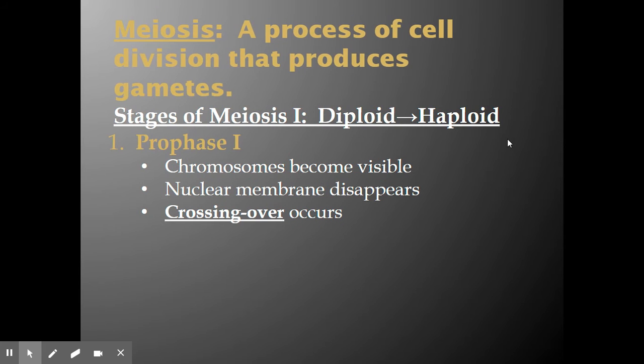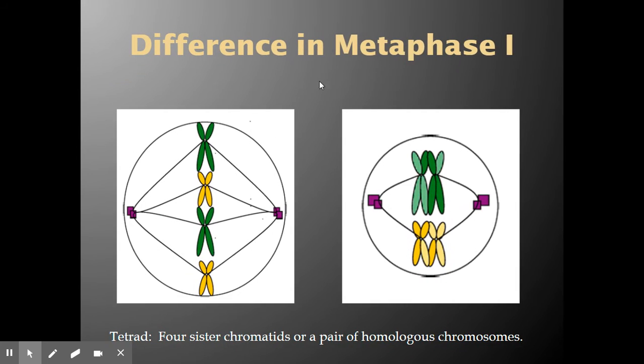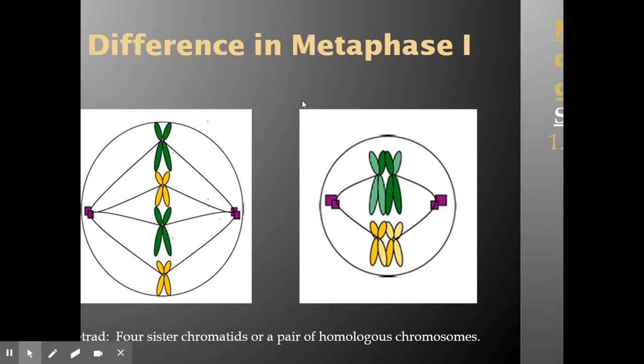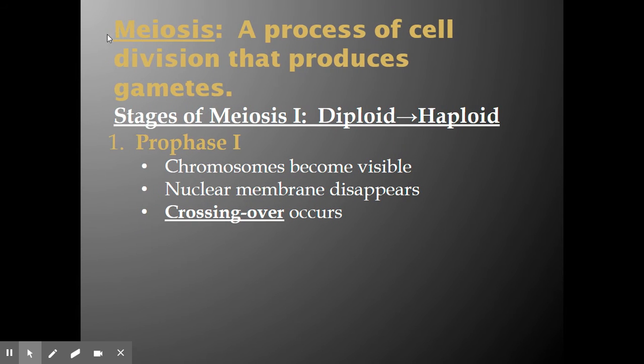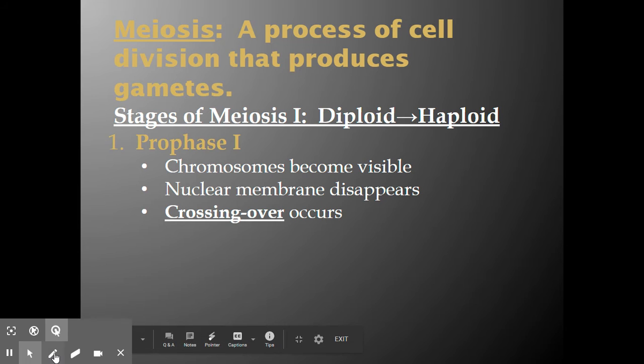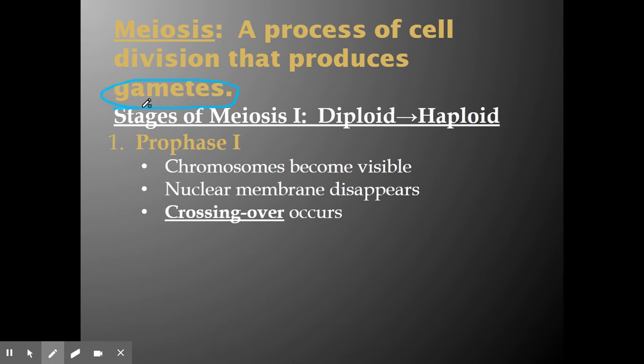So here we go. So that's how our slides are going to be laid out a little bit. In general, meiosis is the process of cell division that produces gametes. It produces gametes and not autosomal cells. It produces gametes only.